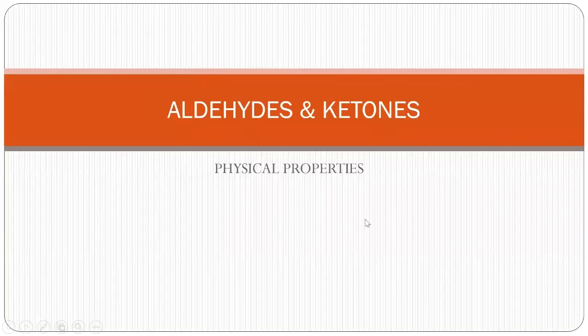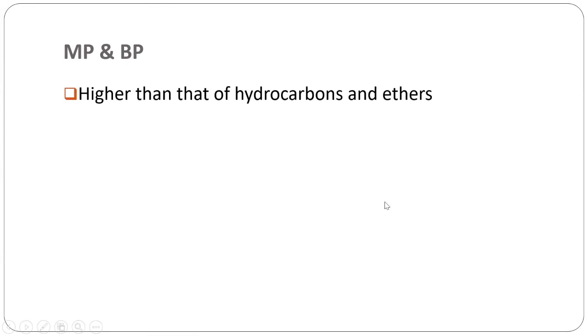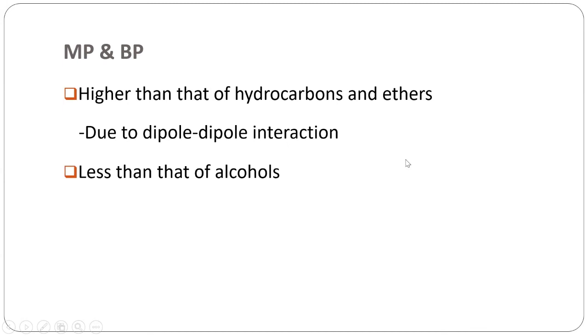Now let's have a quick look at the physical properties of aldehydes and ketones. Generally, they have a melting point and boiling point that is higher than that of hydrocarbons and ethers because, of course, we saw they have dipole-dipole interaction. However, aldehydes and ketones do not have any hydrogen bonding. So their melting point and boiling point will be less than that of alcohols.